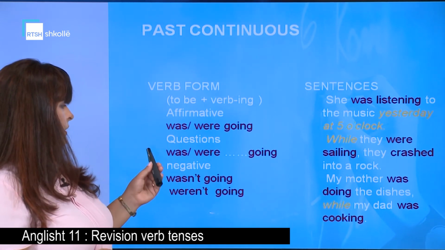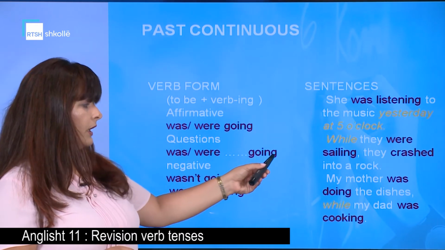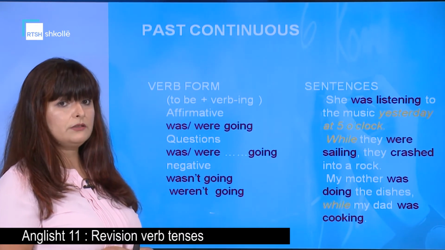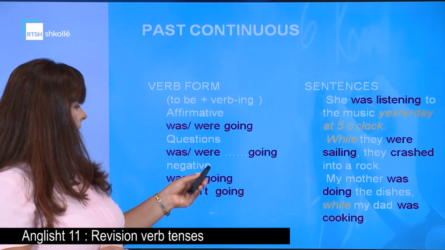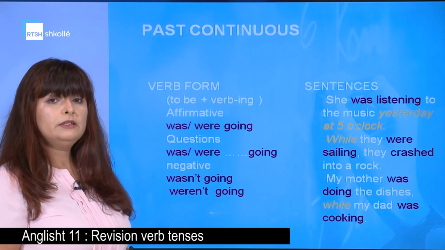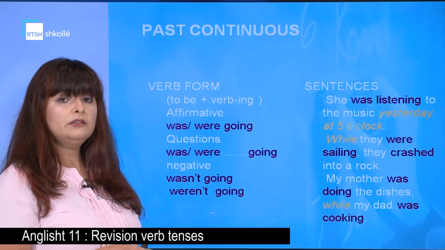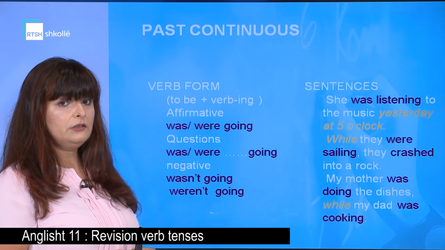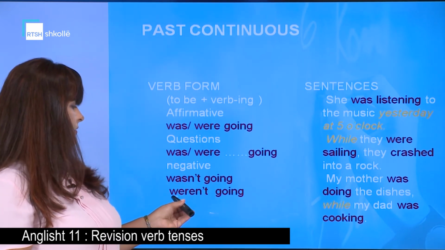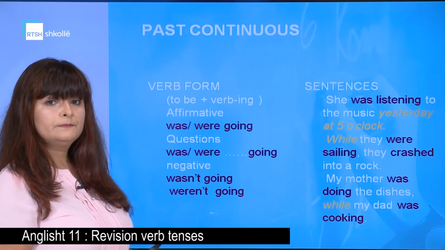Or where was she going when I saw her? That's a question structure. The negative form. To form the negative, we should add not to the auxiliary verb. In this case it is wasn't going and weren't going.